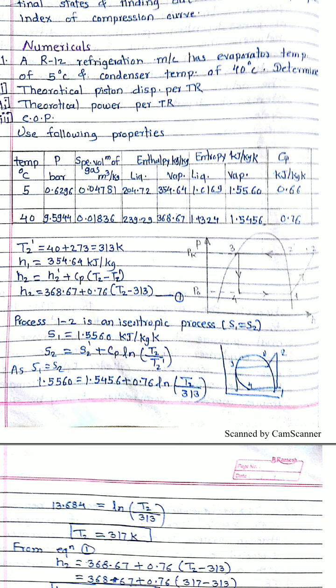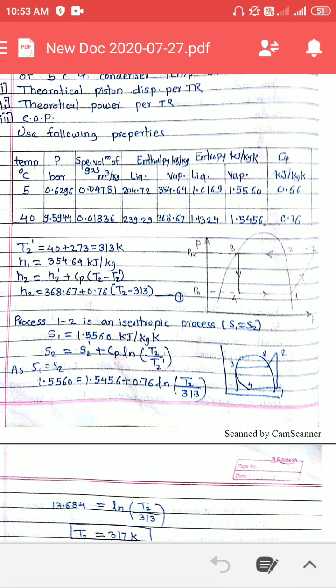Enthalpy of liquid is 204.72, enthalpy of vapor is 354.64, entropy of liquid is 1.6169 kilojoule per kg Kelvin, entropy of vapor is 1.5560, and specific heat is 0.66.